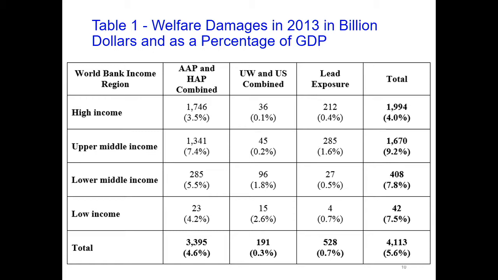Ambient and household air pollution combined leads to the largest damages, both in percentage terms and in absolute terms. Not surprisingly, for unsafe water and sanitation, damages as a percentage of GDP are highest in low-income and lower-middle-income countries. But if you total all of this up as a percentage of world GDP, it comes out to 5.6% using these transfer methods.